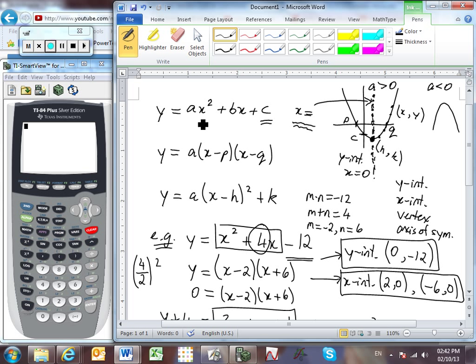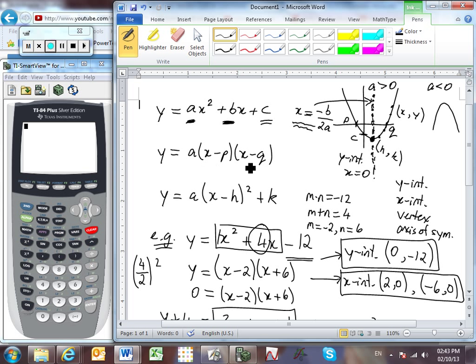So when you're dealing with standard form, and this will be given to you in the formula package, your axis of symmetry equation is x equals negative b, the opposite of this term, over 2 of the coefficient in front of the x squared. And just let me remind you that when you're given a problem like this, this is a 1x squared. So a is equal to 1 if you don't see a coefficient. Let's suppose that we're dealing with factored form.